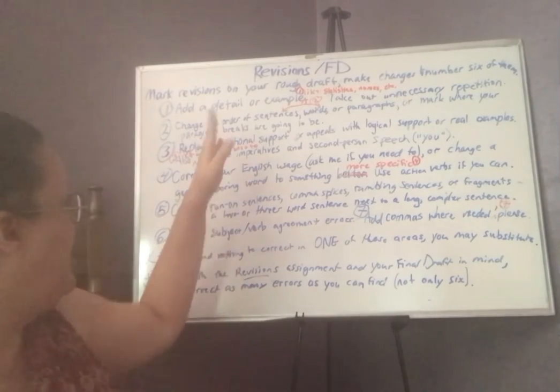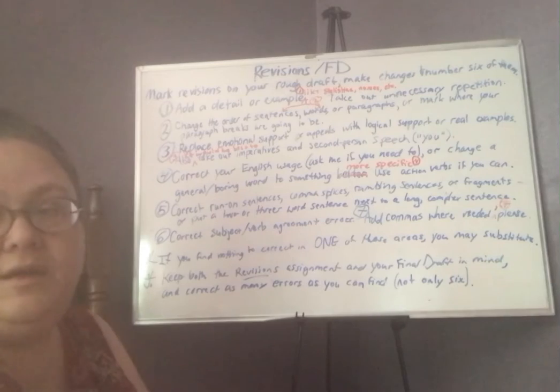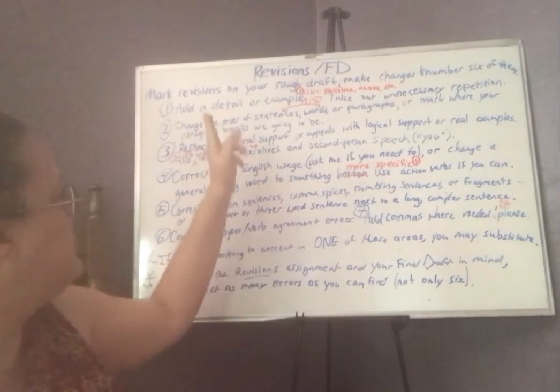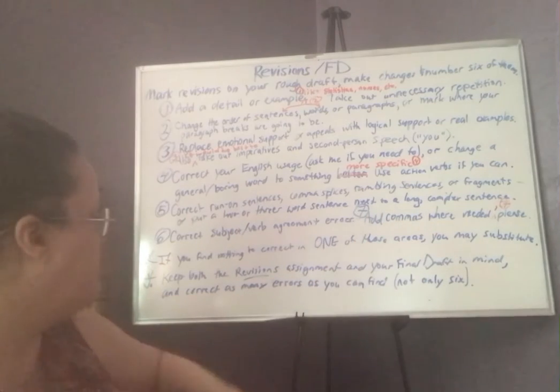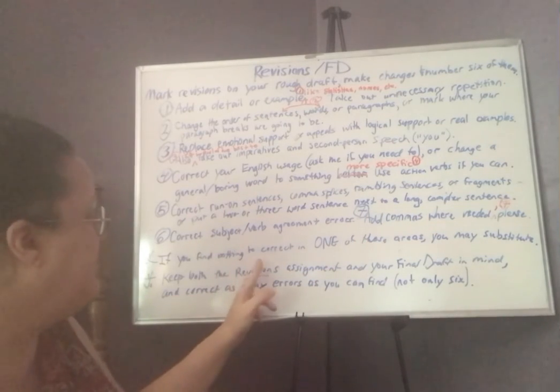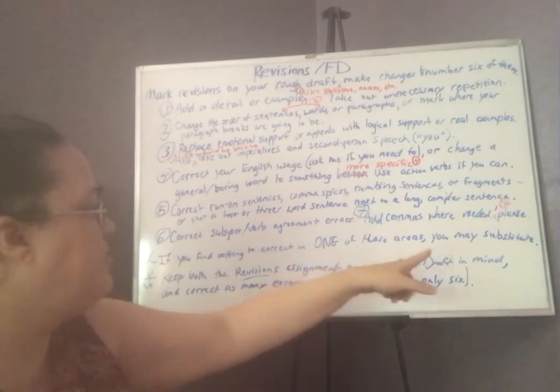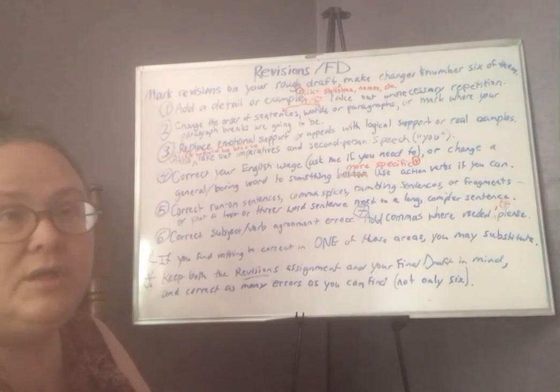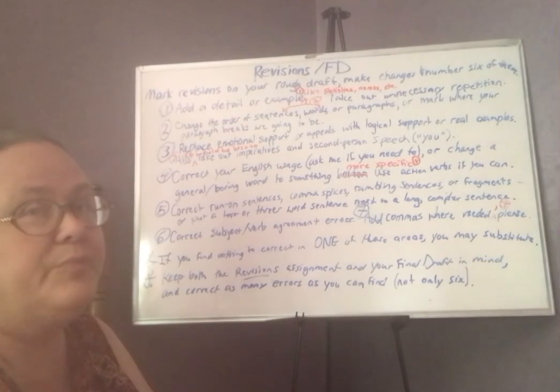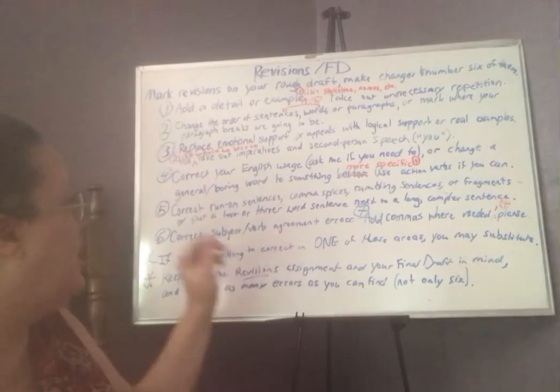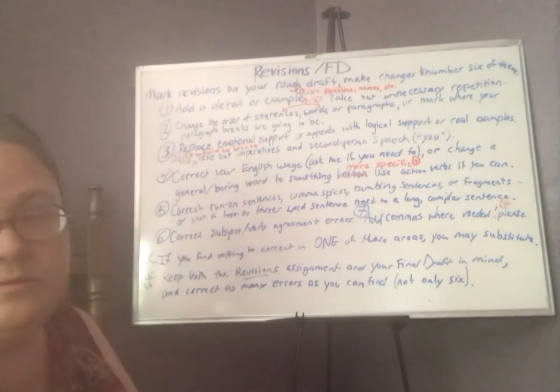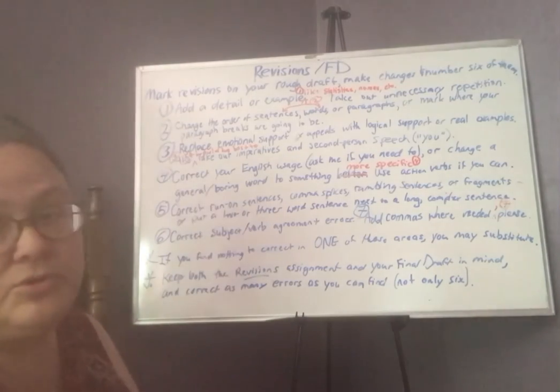Okay, so you have 7 things to find, and you notice that revisions count 7 points. So it's going to be 1 point for an example of each one of these things. If you find nothing to correct in one of these areas, you may substitute, but only 1. So I'm going to be looking for different numbers, not all number 6s, or not all number 2s, or whatever.